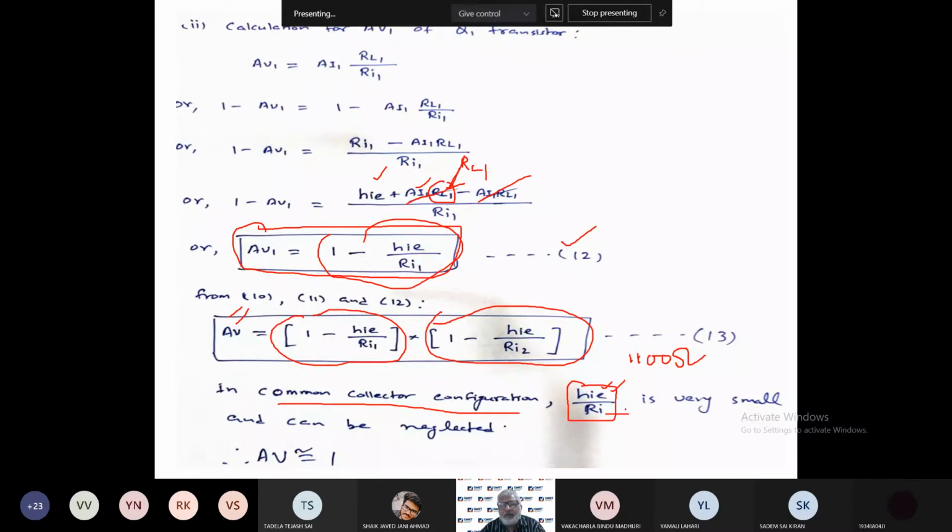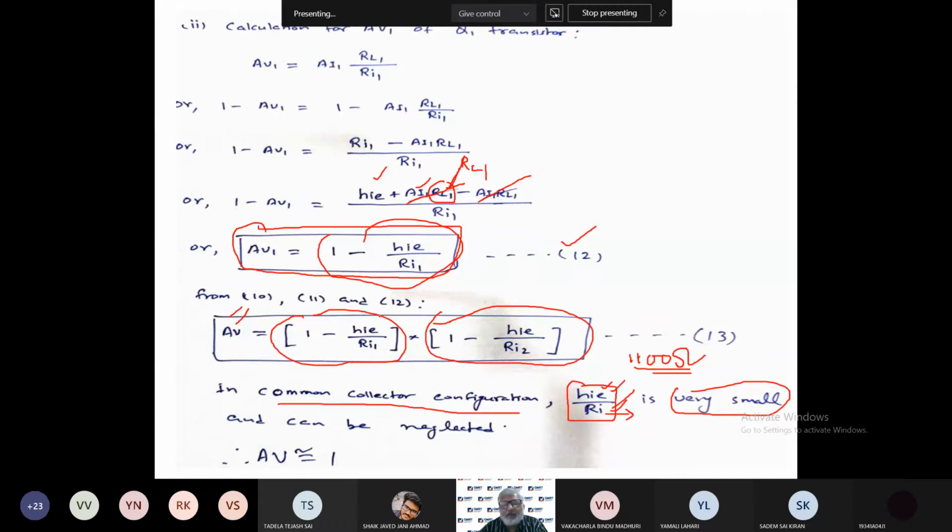Divide by input resistance. Input resistance is very high in case of common collector. So the overall term hie divided by Ri is very small, because here 1100 ohm will be divided by a very high input resistance, because in common collector input resistance is very high. So this term is very small.